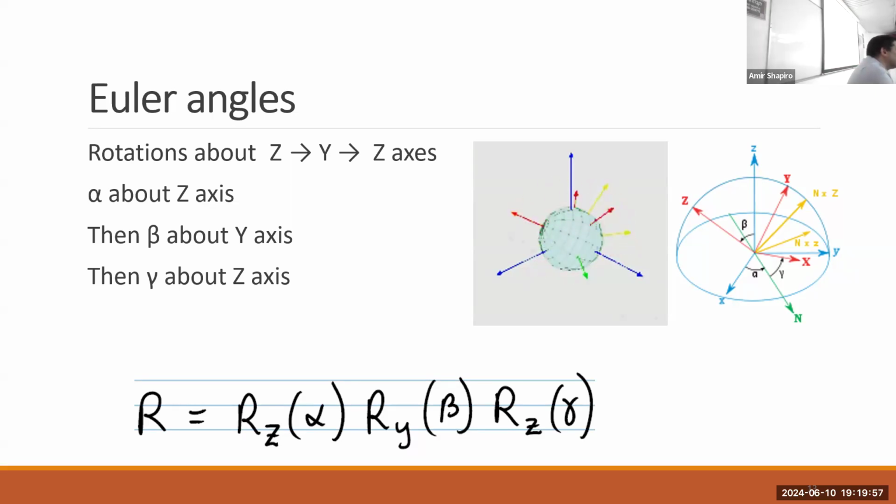There are 3 angles, and Euler said he wants them to be Z, Y, Z: rotation around Z, then Y, then Z, again the new Z. And so those are Euler angles. Alpha about Z, beta about Y, the new one, and then gamma about Z, the new Z. And the rotation matrix is this.